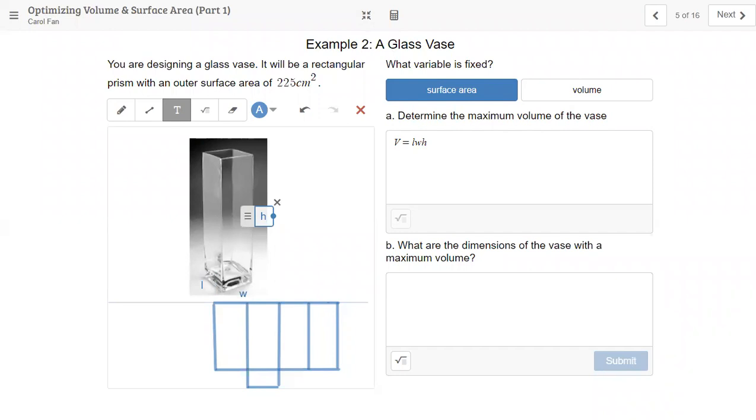Oh, and one thing I should have mentioned in the question is that this is going to be a square-based prism. All right, so sorry about that. I needed to put that in the question.